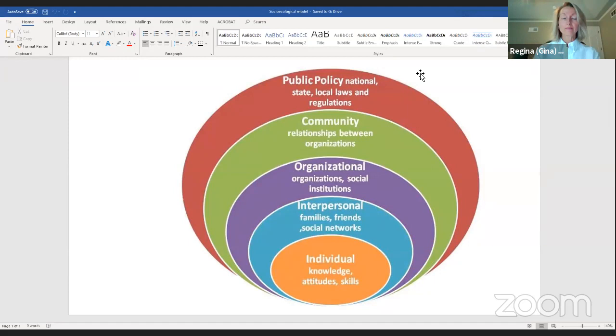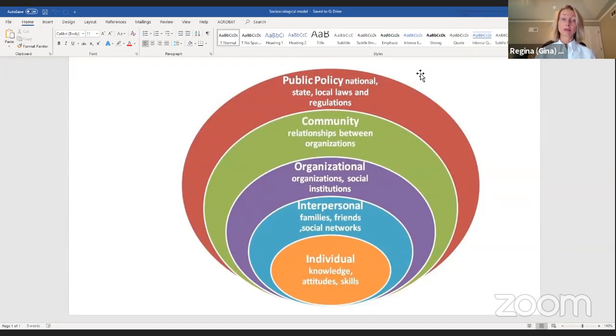Thanks, Jill. When I think about the socio-ecological model, I think it supports everything that all of us do all of the time. And when we talk about being a health promoting institution, a health promoting community, we have to think about the way we promote health education, the way we talk about health promotion within the environment.